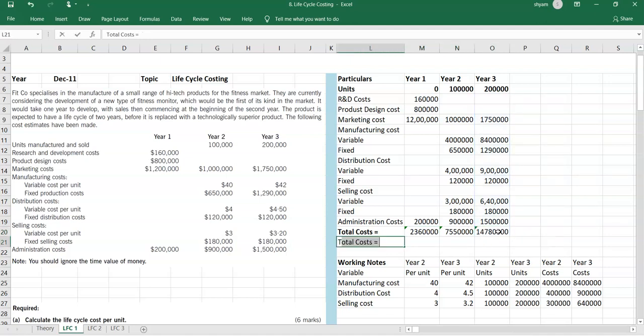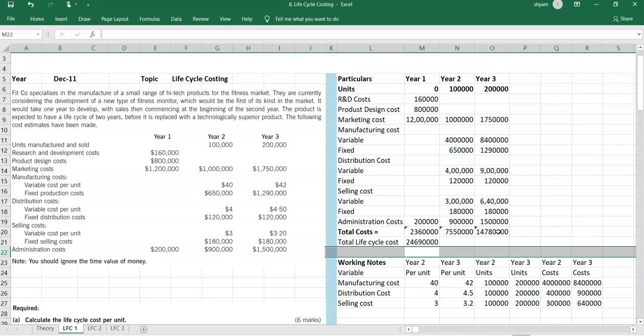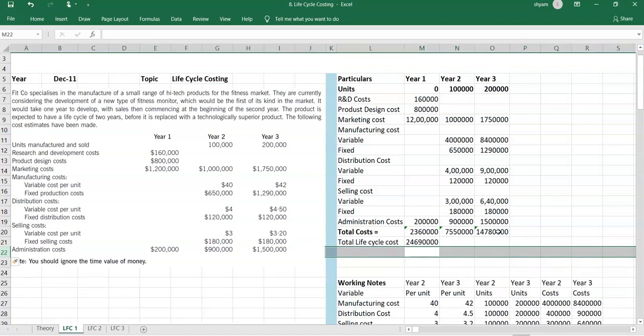So let's get the total life cycle cost. Okay, so that's going to be the sum of all 3 years. And what would be the cost per unit?